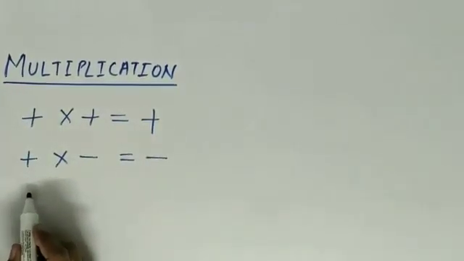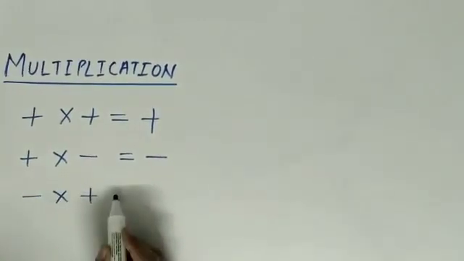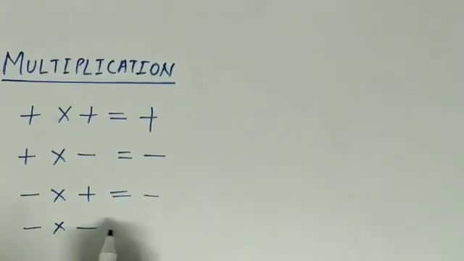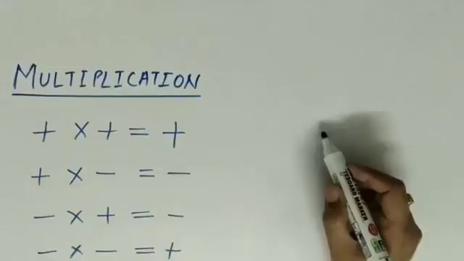When I multiply a negative integer with a positive integer, my result is negative. When I multiply a negative integer with a negative integer, my result is positive. For multiplication of integers, you have to remember this, and you have to remember this forever.